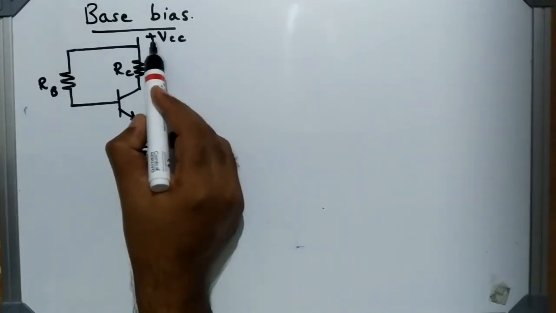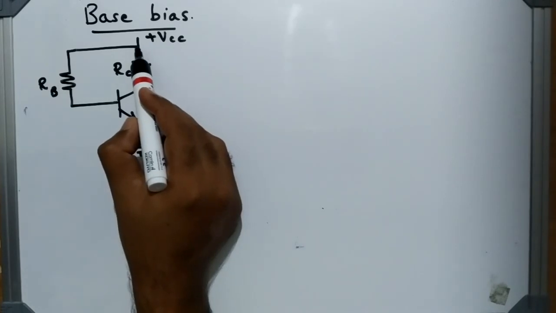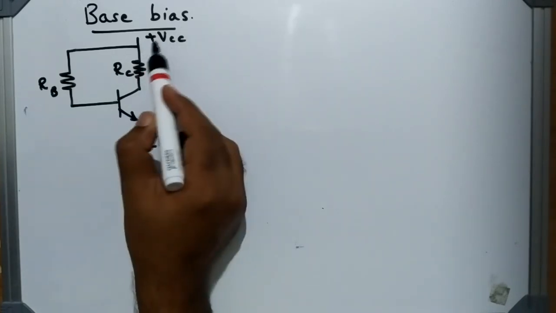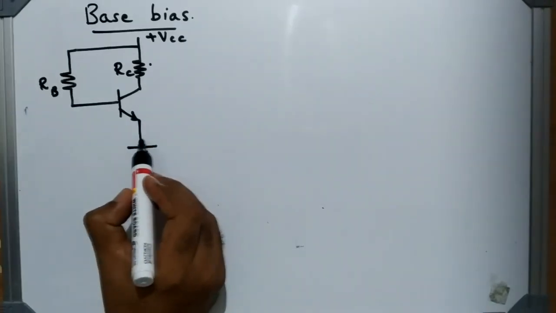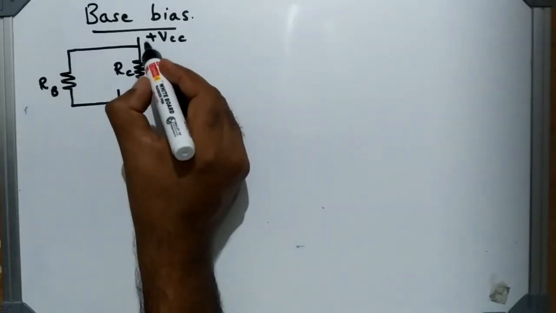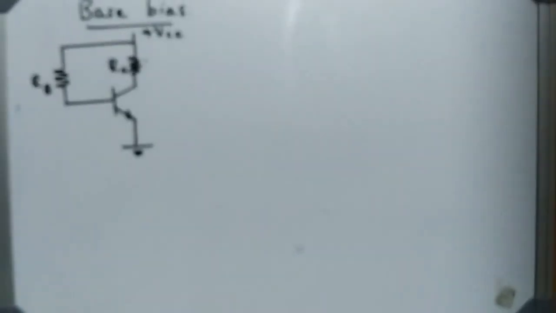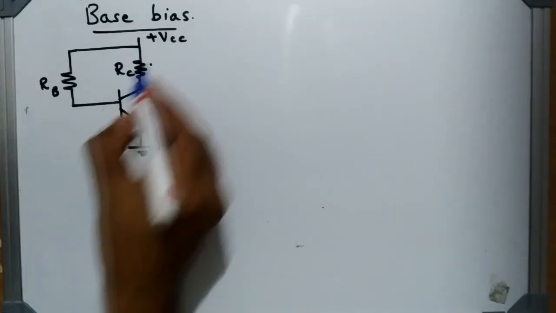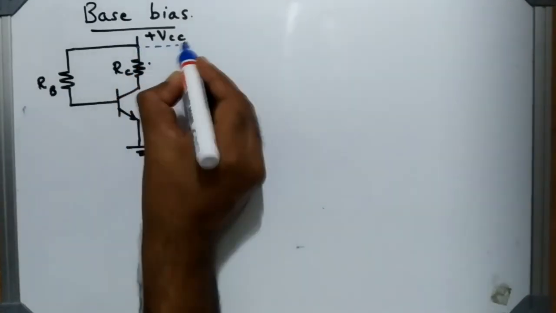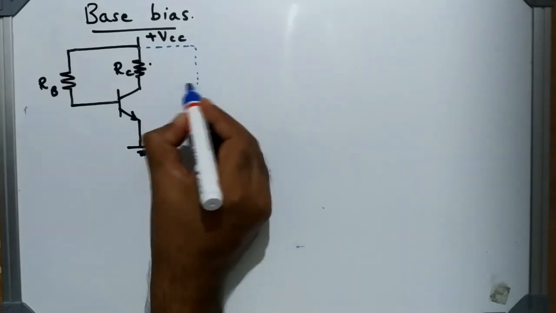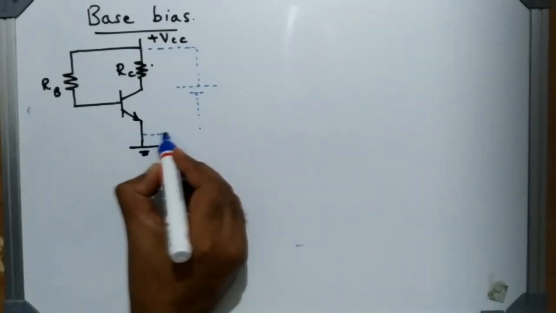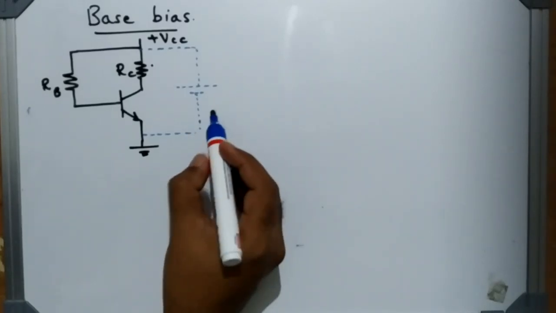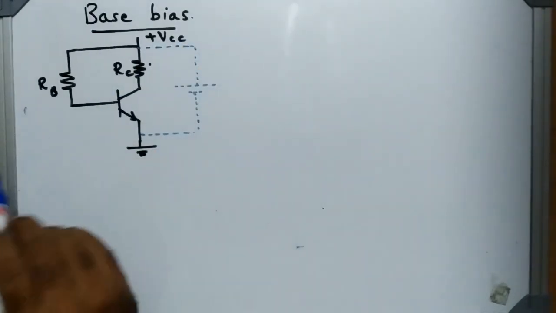Now here plus VCC is applied to the collector resistor, and negative of the VCC is applied to ground. This is the connection, and simply we write like this.